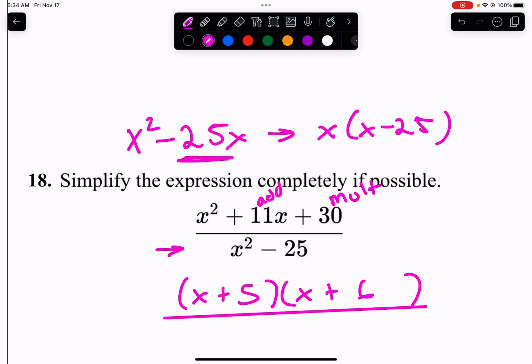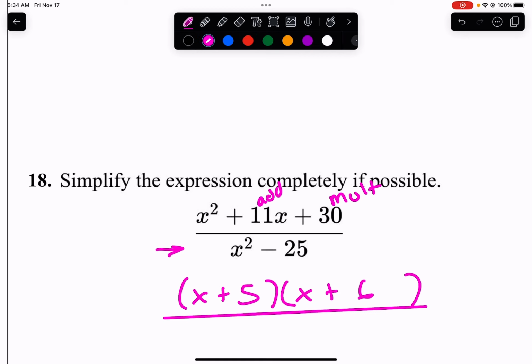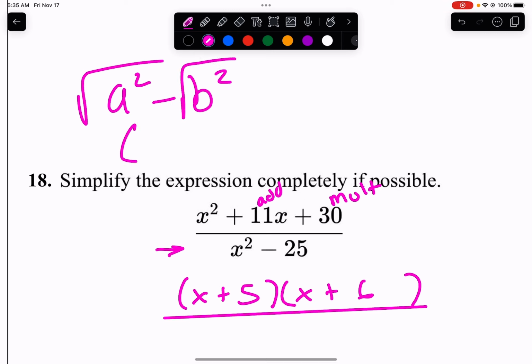Now, in this case, we have just a constant term. So if there's no GCF, the next thing you should be looking for is difference of squares. Now, a difference of squares has this factoring pattern where it's something that you can square root minus something else that you can square root, and basically you square root them, and you add them, and then you subtract them.